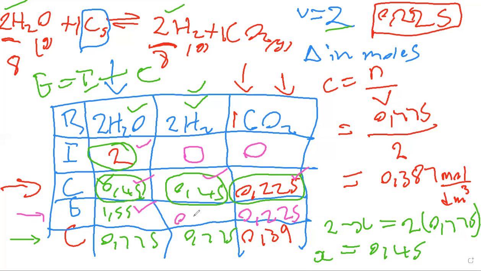Here I have 0.45. But since here I had 2, can I use this to calculate this and that. So this minus this is equal to this, because initially there was nothing.